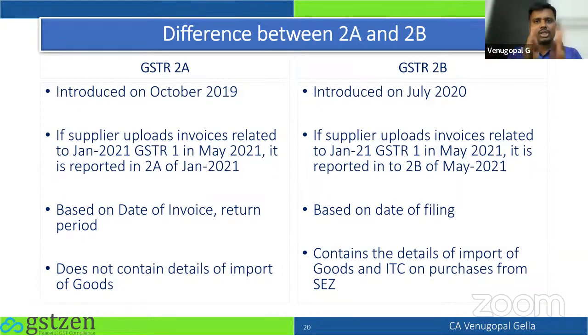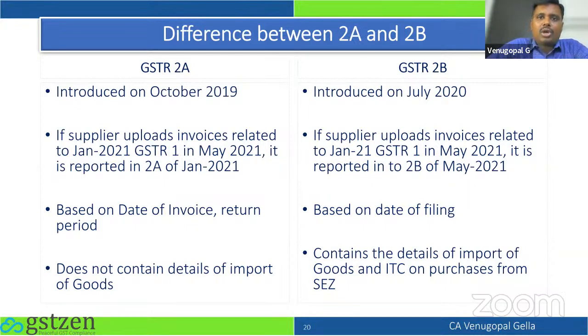That means over a shorter duration there will be some mismatch between 2A and 2B, but over a longer horizon both 2A and 2B will match. So 2A is based on the date of the invoice in the return period. I would stress the words return period for 2A, but 2B is based on the filing date.